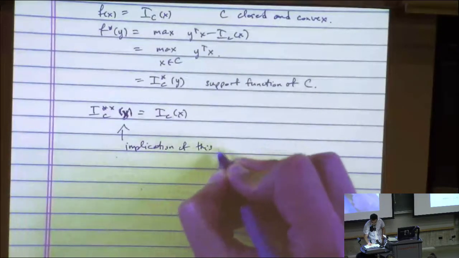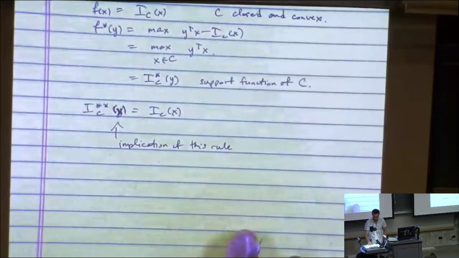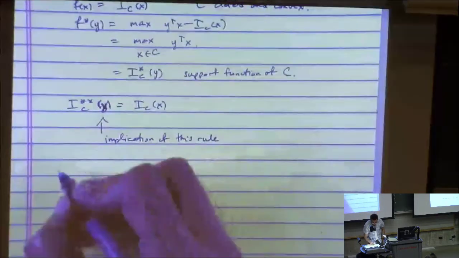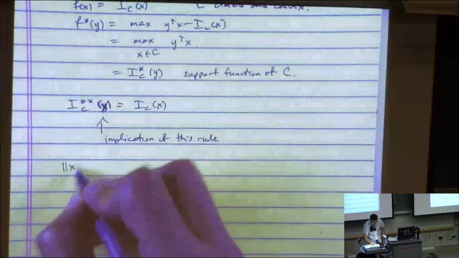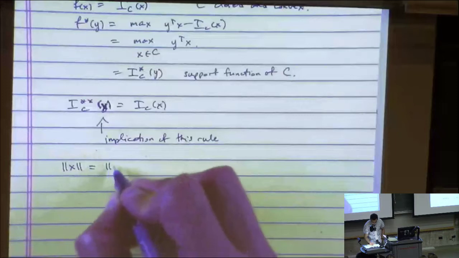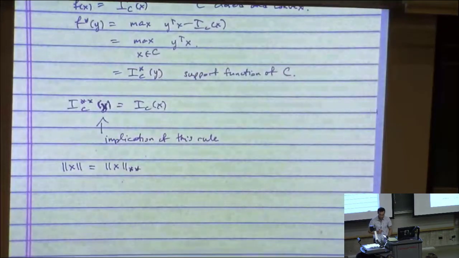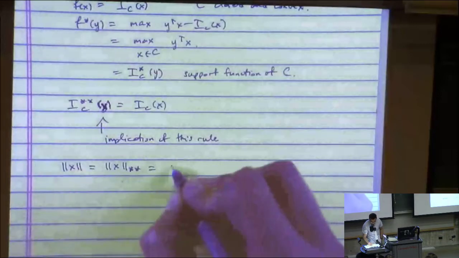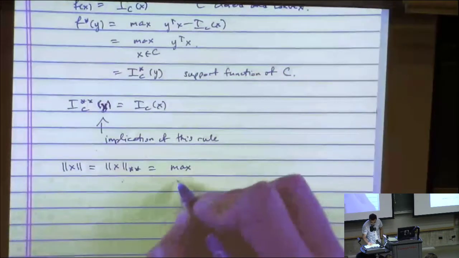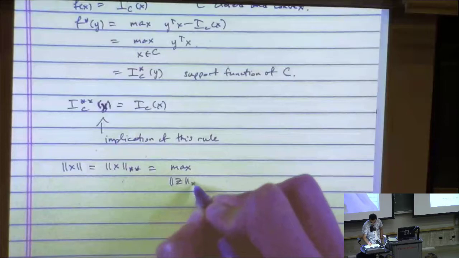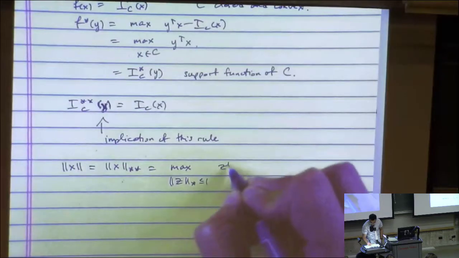Why? It's because the norm is itself a support function, right? The norm of x is the max over all z with dual norm less than or equal to 1 of z transpose x.